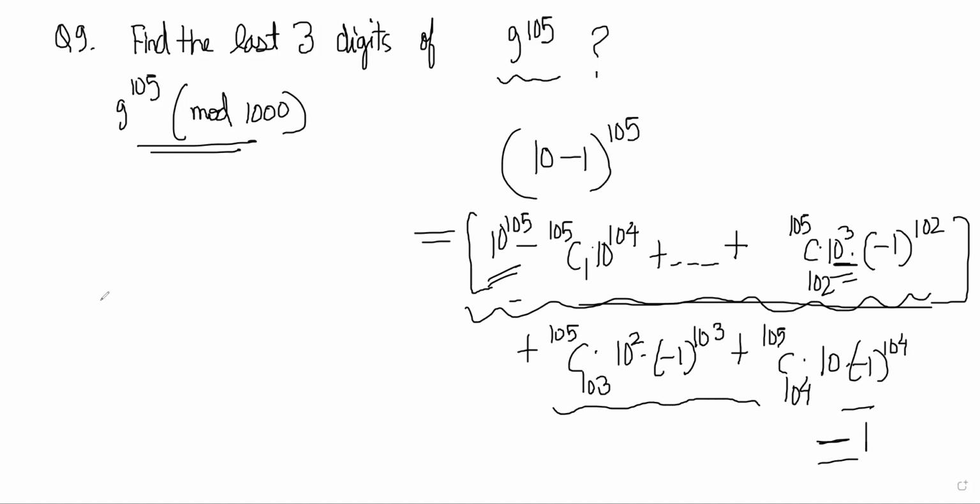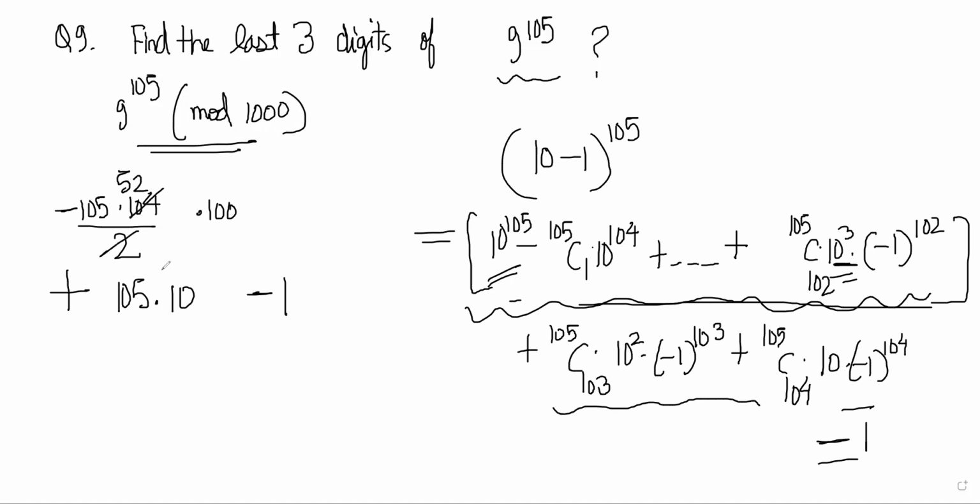So this becomes basically negative of 105 into 104 by 2 multiplied by 100, plus 105 into 10 minus 1, right? So this becomes basically 52, and since you have 105 and 52, the product of this will be a multiple of 10, and you already have a 100 here.